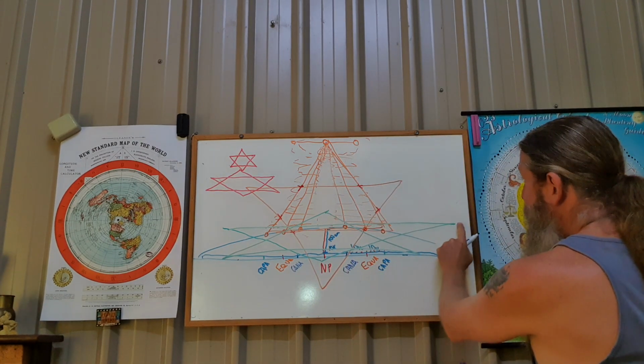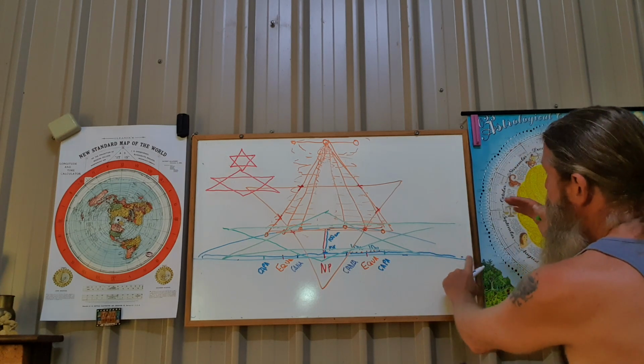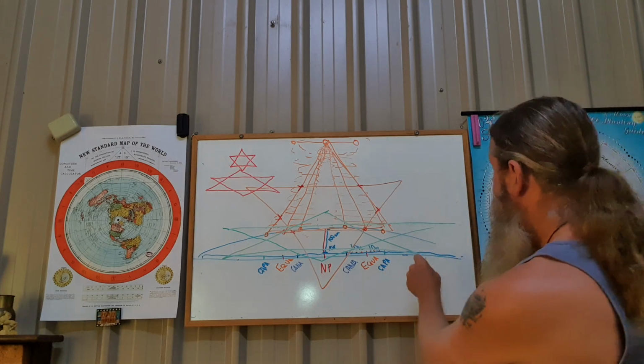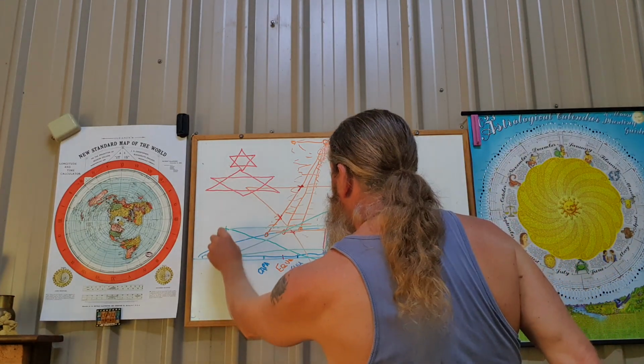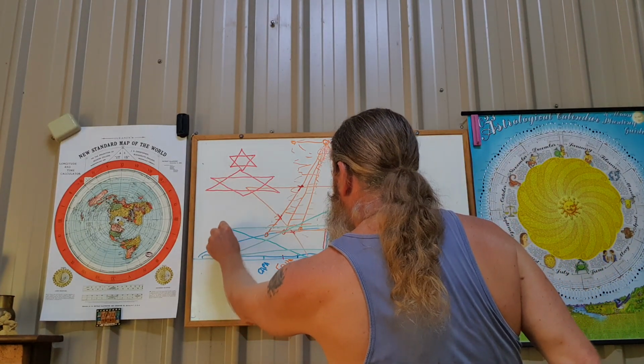Actually, we don't really need to go that far anyway. We'll just ignore that. Yeah, that would be about Antarctica there anyway. So that's the edge of our dome. So that's the wall.